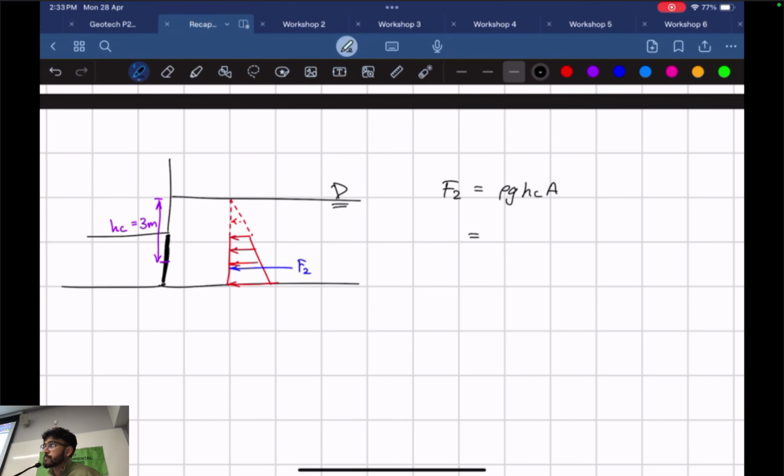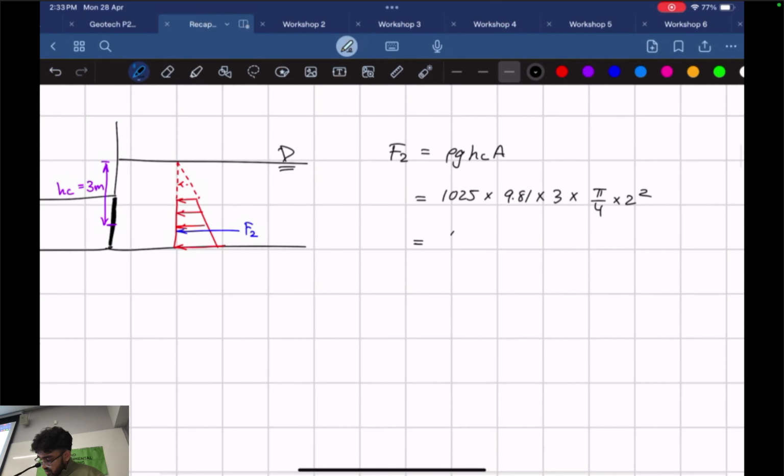What's our density? 1025, perfect. 1025 times 9.81 times HC. What is HC? 3 times pi on 4 times 2 squared. 1025 times 9.81 times 3 times pi on 4 times 4. 947,68.5 Newtons acting towards the left.